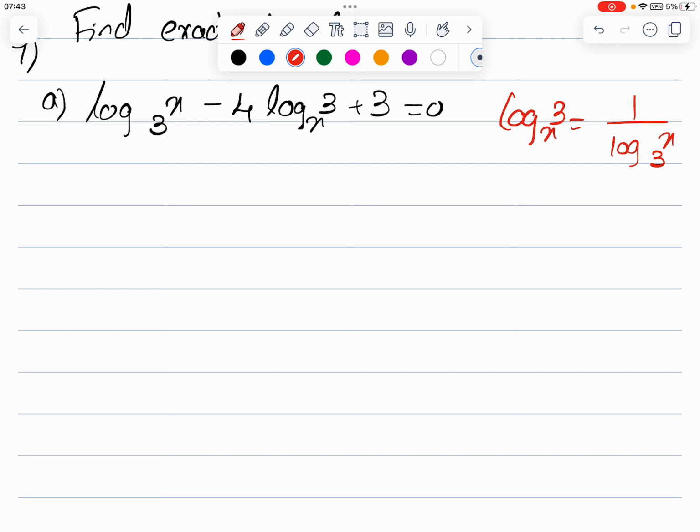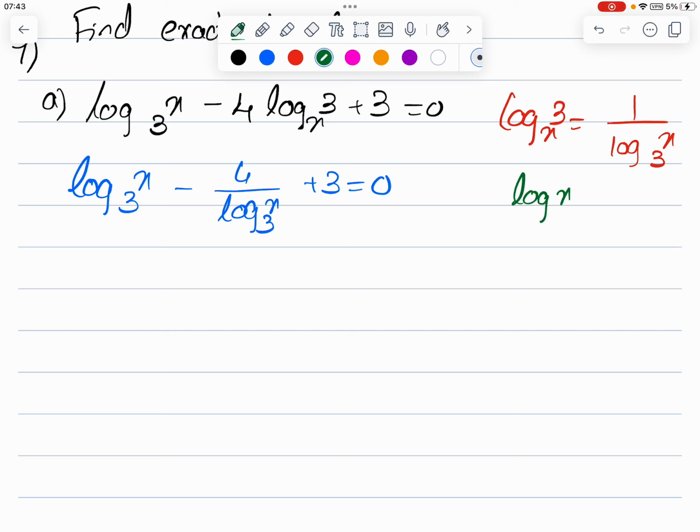Whenever you write like this, the main number and the base number get swapped if you are bringing it from numerator to denominator. So it becomes log x to the base 3 minus 4 upon log x to the base 3 plus 3 equals 0. So let log x to the base 3 equal y. So it becomes y minus 4 upon y plus 3 equals 0.